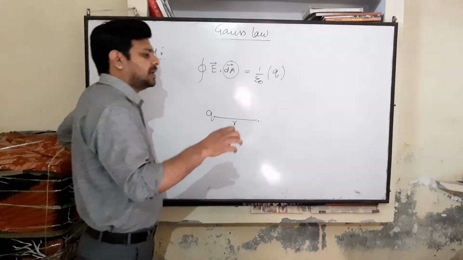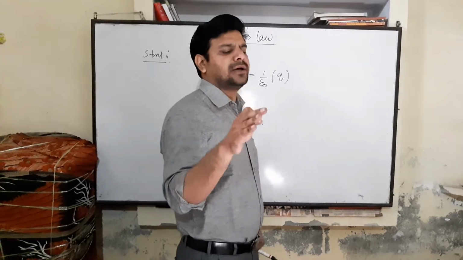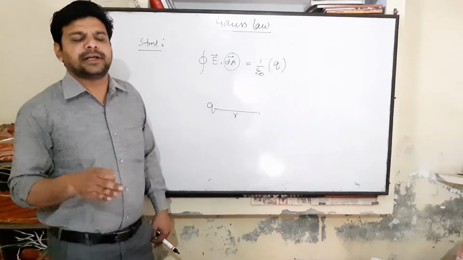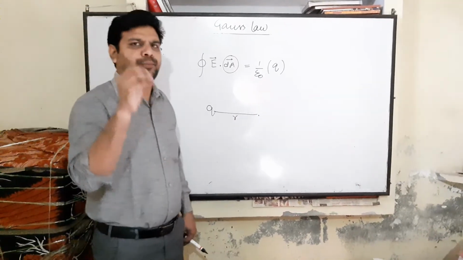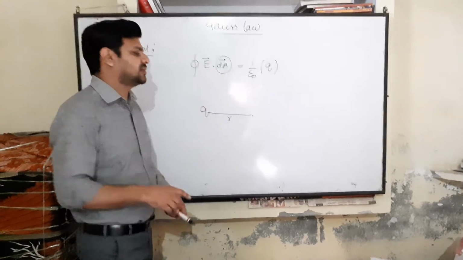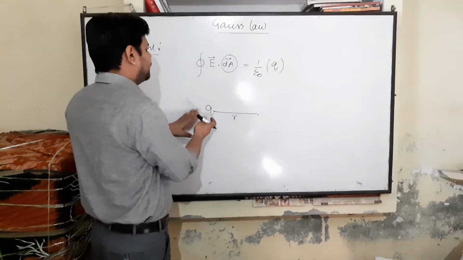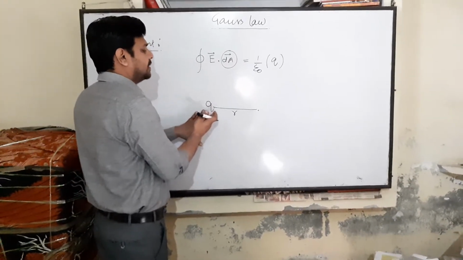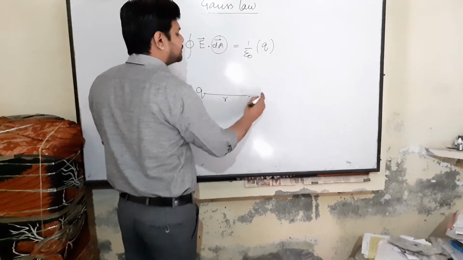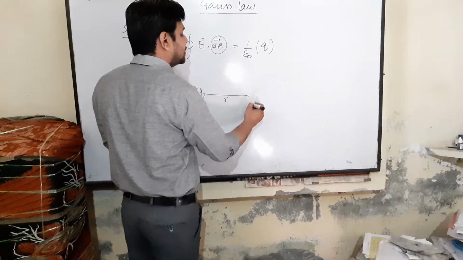In this class, we are dealing only with symmetrical Gaussian surfaces. So we have to find the electric field due to this point charge at this point. Consider this point is x.